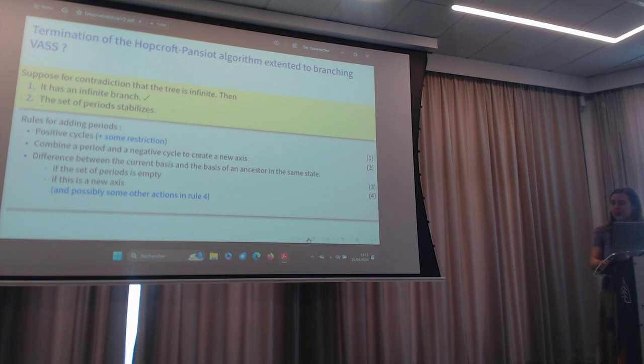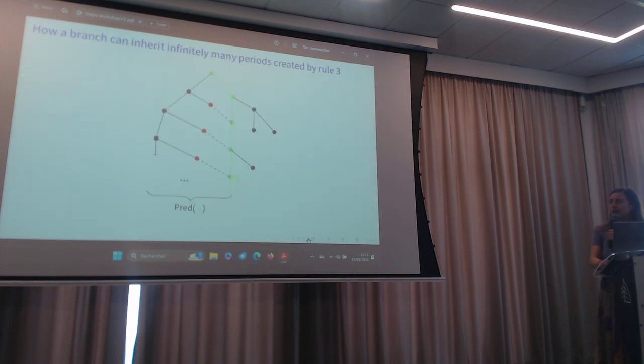And there is a second, more subtle problem, which concerns every other rule, even the simple rule 3, which says that you add a period when the set of periods is empty. The problem is that now, as I said very quickly, the periods are transmitted along the edges of the tree, but also along the dotted edges, which are the edges of the DAG.